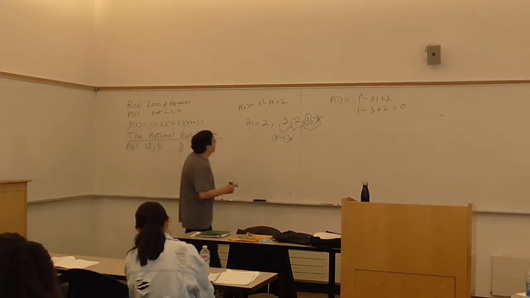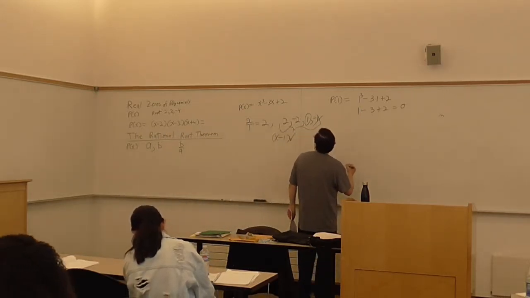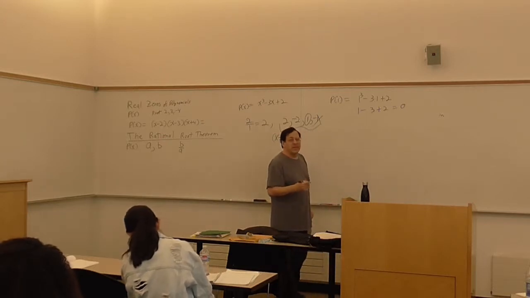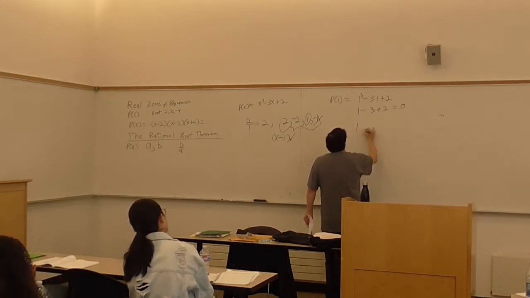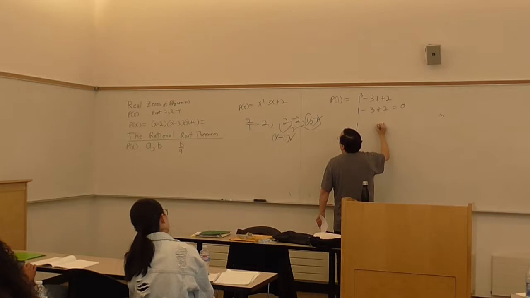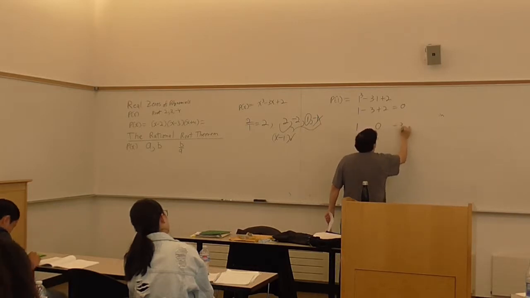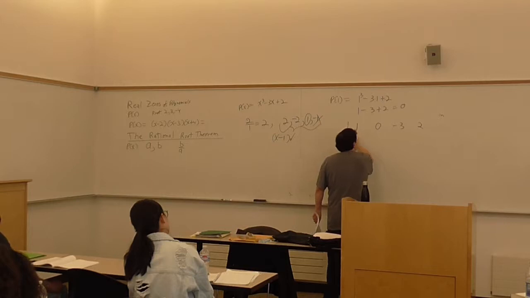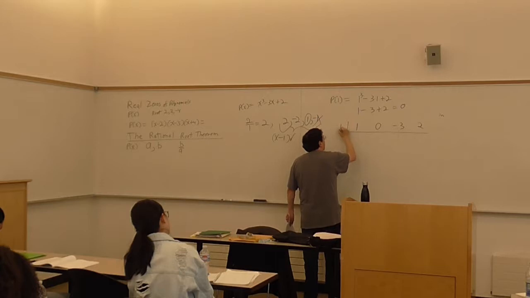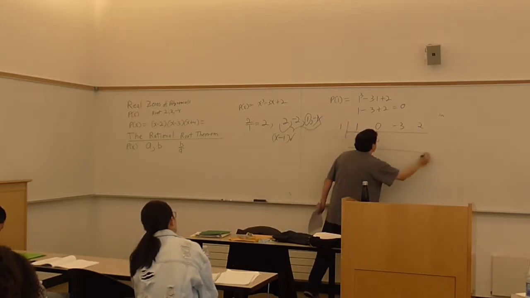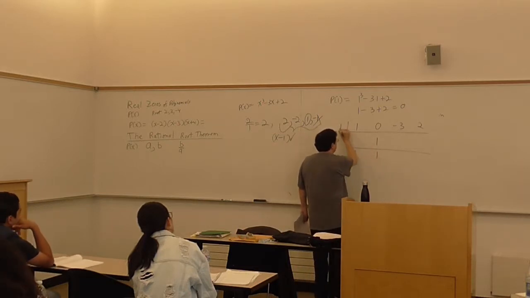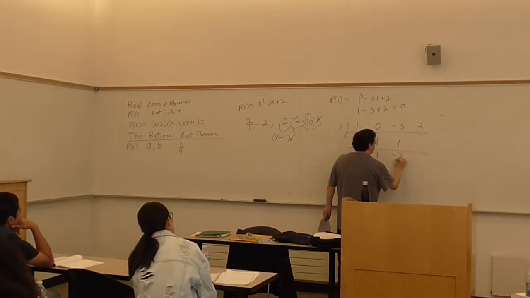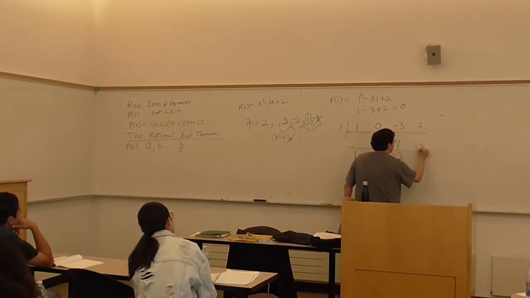Okay, so what am I going to do here? I'm going to throw caution to the wind, and I'm going to try and do this using synthetic division. So my coefficients are 1, 0, minus 3, and 2. And I guess my root is 1. So how do I do this now? Bring this down, multiply, add, multiply, multiply, add, 0.